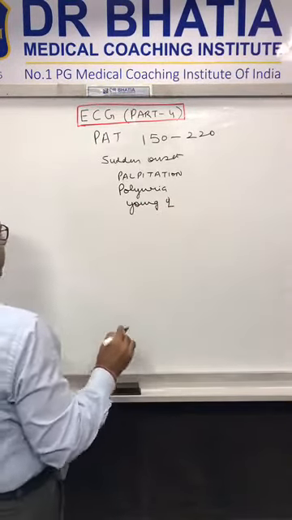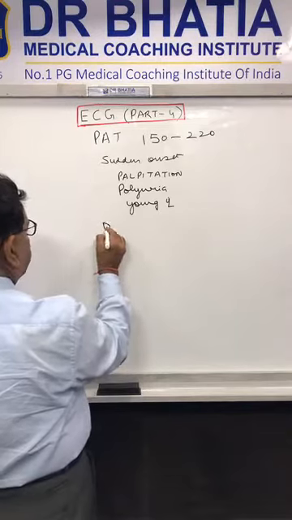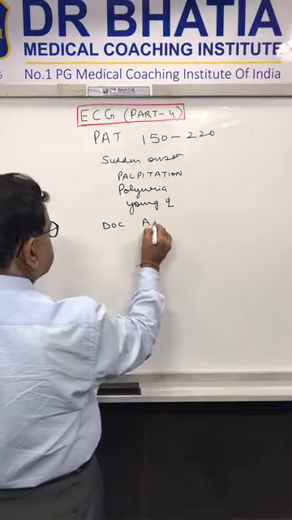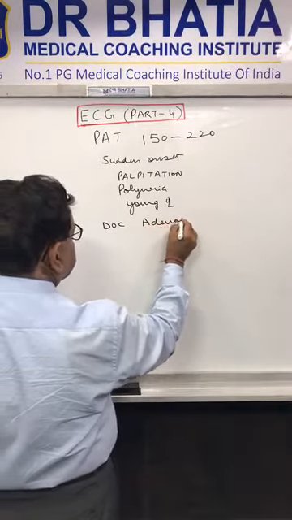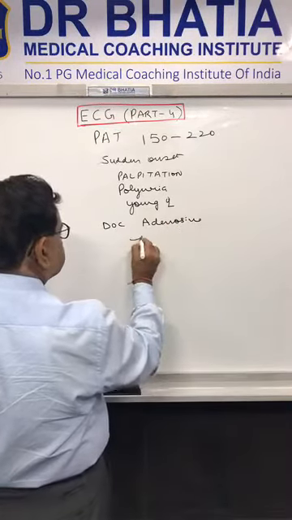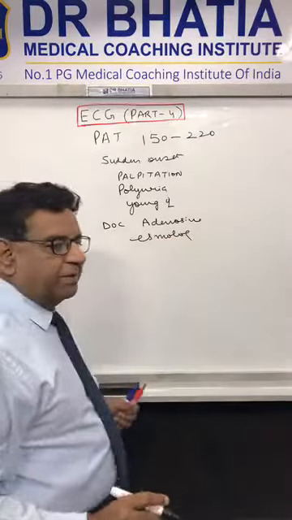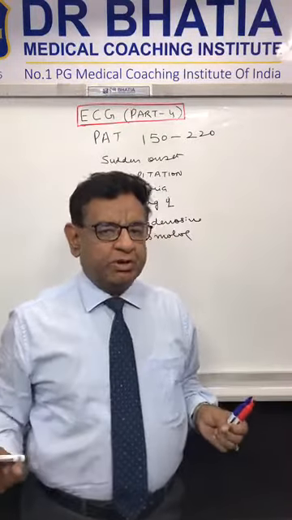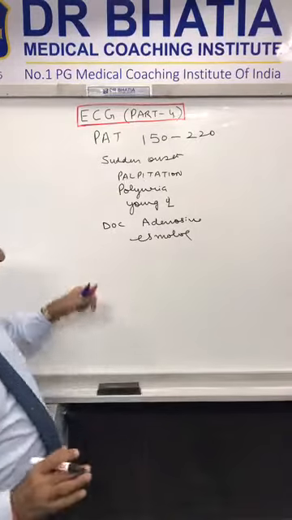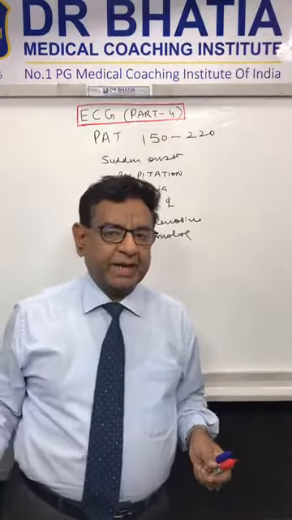So in this case, in acute attack, the drug of choice is injection adenosine or esmolol. But remember, because both are short-acting drugs, these drugs are used only in acute attack.